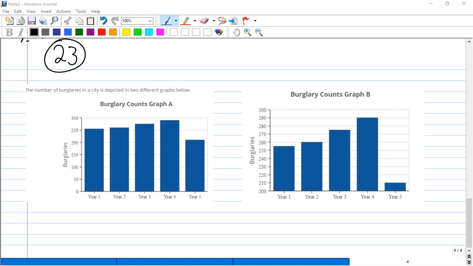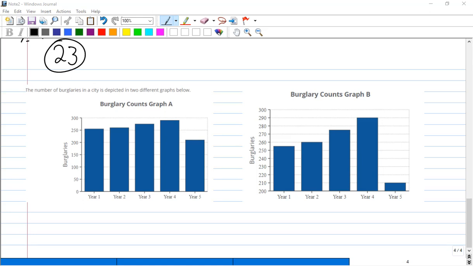So I'm looking at this data here. Burglary counts graph A. So these should be the exact same thing, right? I'm looking at them. I think they just have different scales. You see?